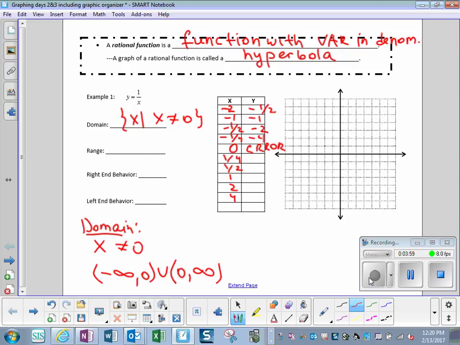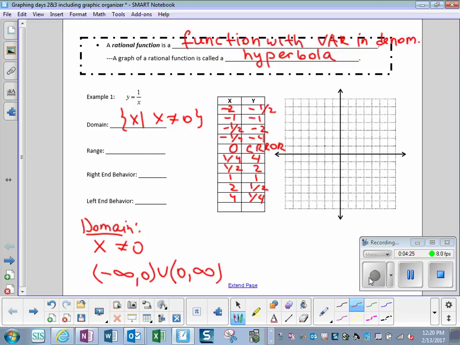Everybody with me? Skipping 0 because I know I cannot divide by 0. That's an error. 1 divided by 1 over 4 is 4. 1 divided by 1 over 2 is 2. 1 divided by 1 is 1. And then 1 divided by 2 is one half. And then 1 divided by 4 is one quarter.